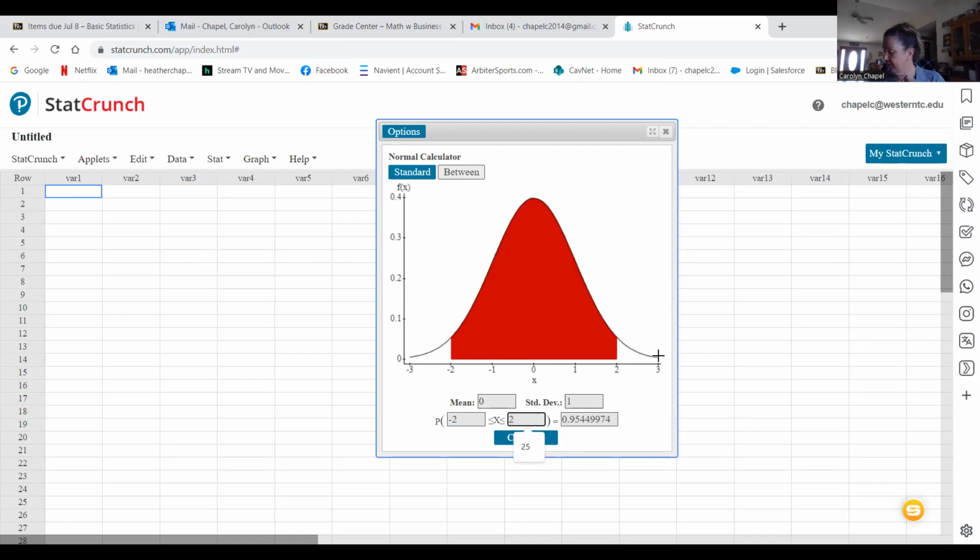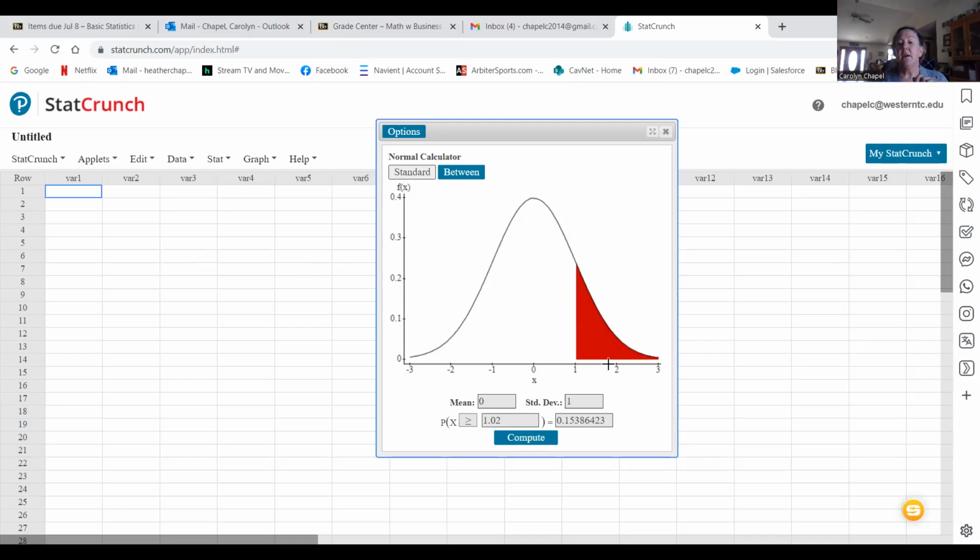Now, to find our z with that little subscript alpha, I'm going to go back to our standard. Here, we're trying to force the area to be a certain value. So we're going to be changing this piece at the end, and we're going to be looking for what that upper piece is.